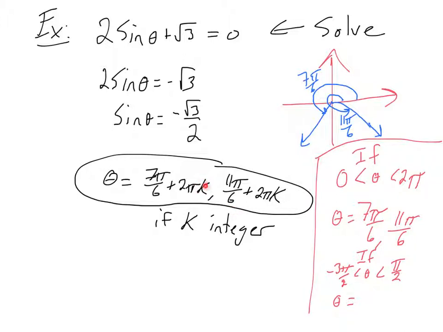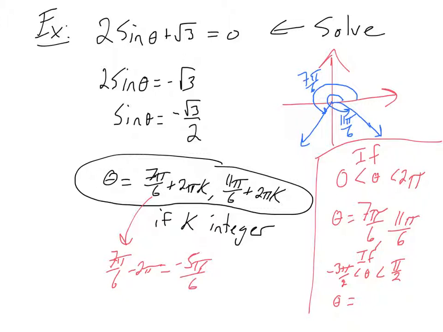What if k is negative 1 here, if we subtract 2 pi from 7 pi over 6? How many pi over 6s will we have? Yeah, because I'm subtracting 12 pi over 6, so negative 5 pi over 6.